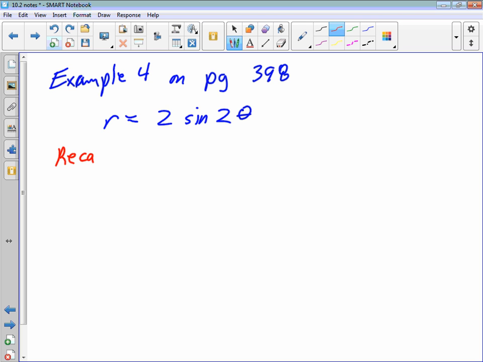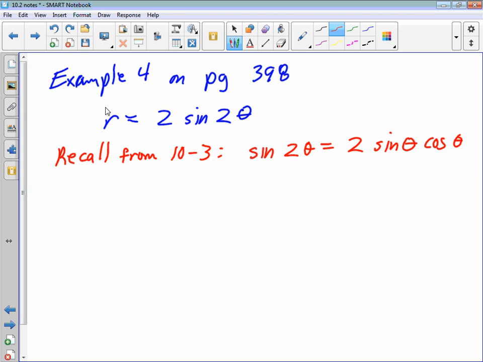So we'll say recall from 10-3, we had one that said sine 2 theta equals 2 sine theta cosine theta. I don't know if you remember that, but you can look it up. It's back there in 10.3, I believe, double angle formulas.